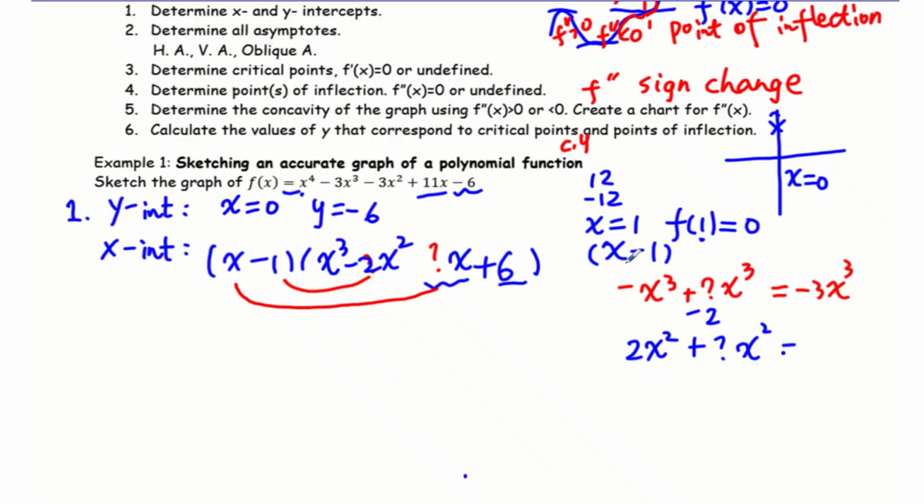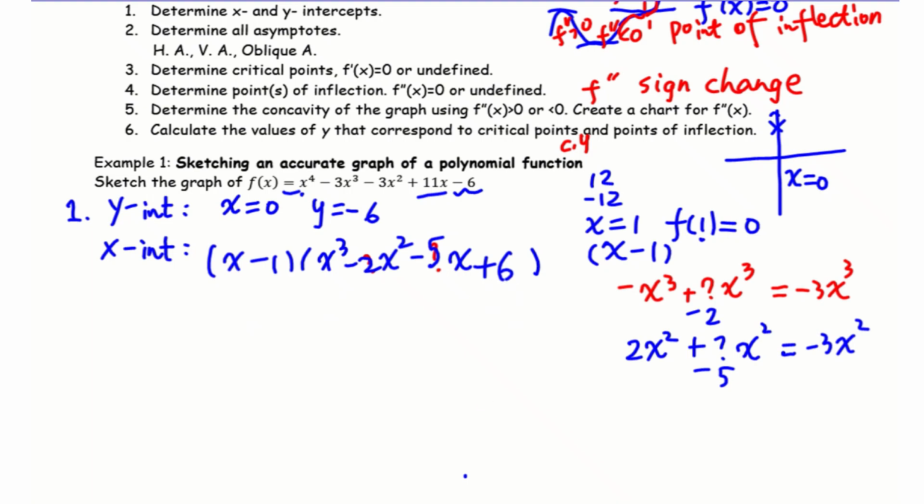Look at the original equation, we have -3x squared. So 2 plus what gives us -3? It is -5. Then we know that the question mark is -5, so -5x.